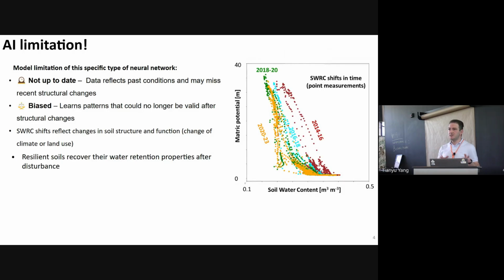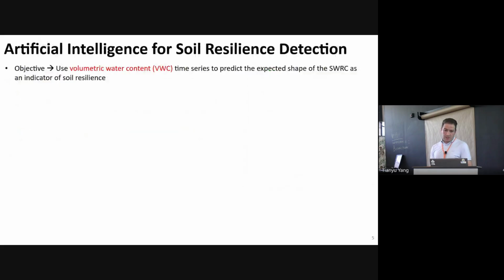So the first step will be to identify whether my soil is resilient or not. How can I identify it? I define a resilient soil as a soil that will not change its soil water retention curve. I already have my method for doing that, and the objective of this presentation was to use the volumetric water content time series.